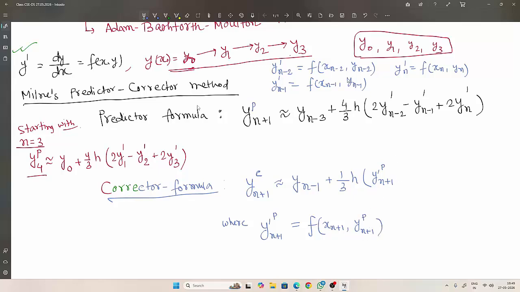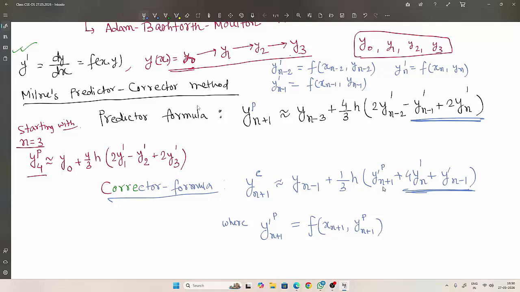Previously, you used the yn plus 1 values, but here instead of yn plus 1 we will use the predicted value of yn plus 1. So this is yn plus 1 dash predicted, then plus 4 into yn dash plus yn minus 1 dash. So this is the formula, whereas you already have this yn prime and yn minus 1 prime from the above part. These two are the same in the prediction formula and the correction formula.